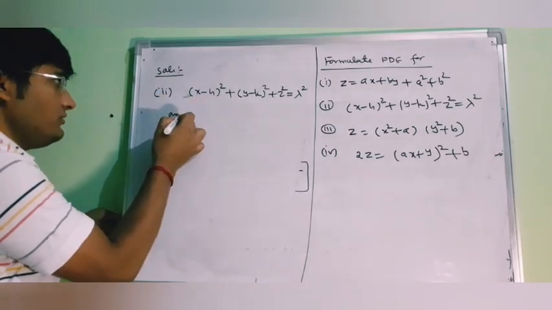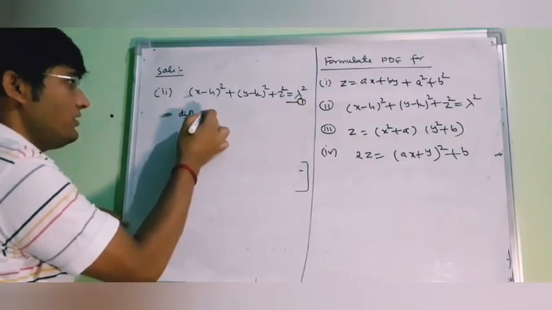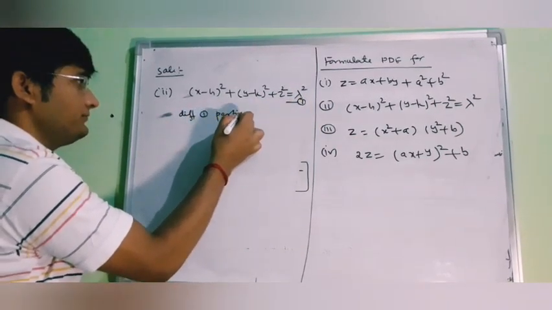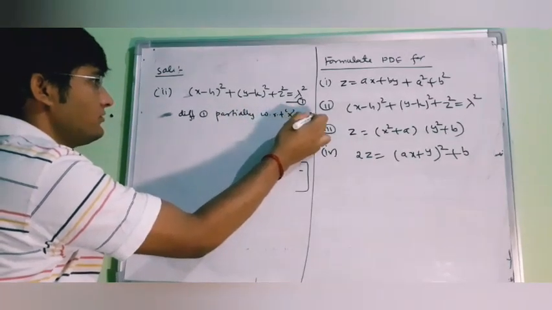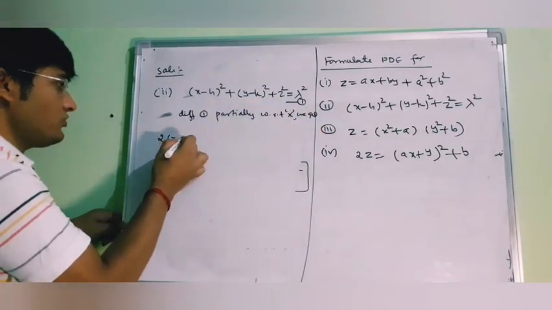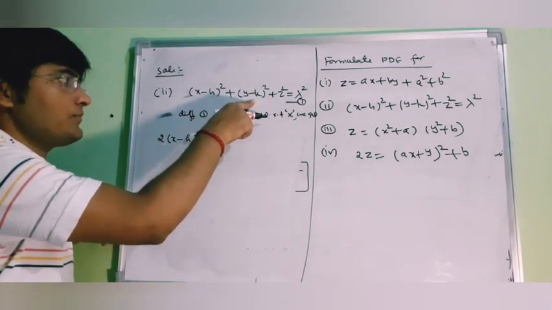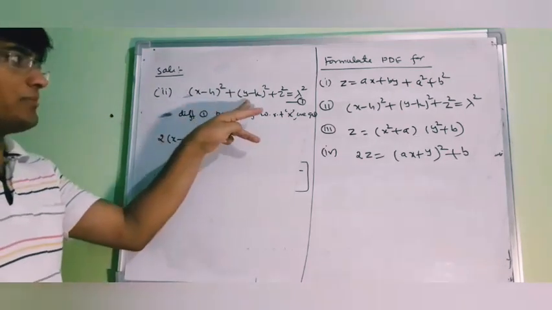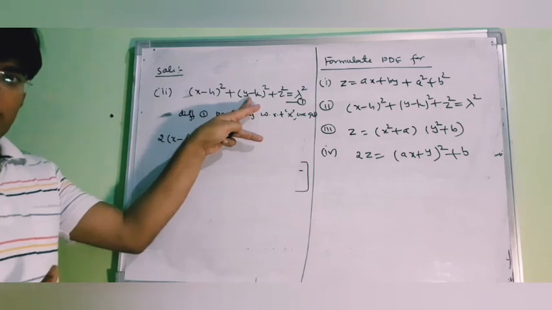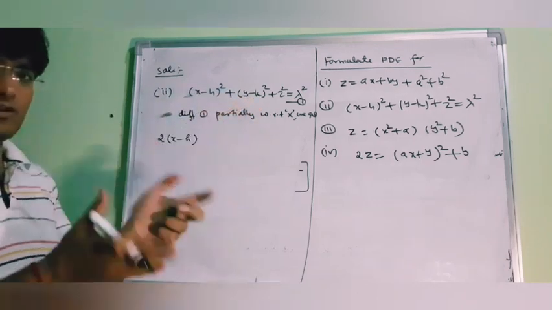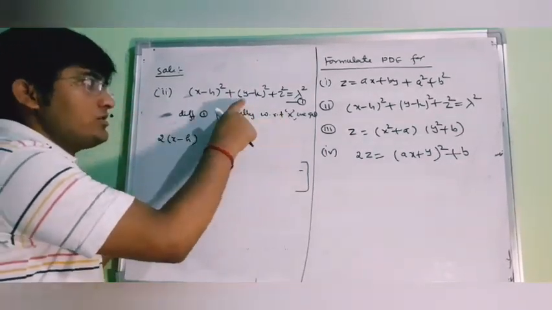So on differentiating equation number 1 partially with respect to x, the differentiation of the y term will have 2(y minus k) times del y by del x, and that will be 0 because x and y are independent of each other. As we are differentiating partially with respect to x, this term will be constant.